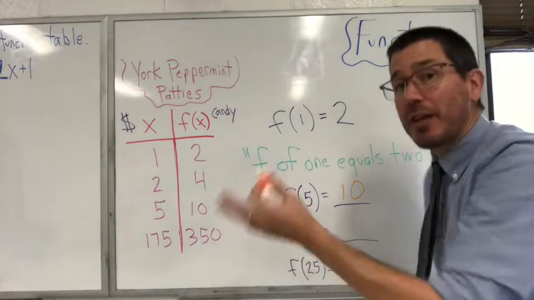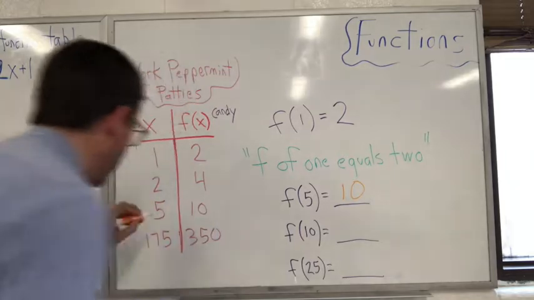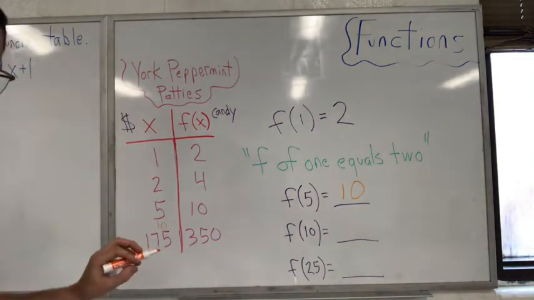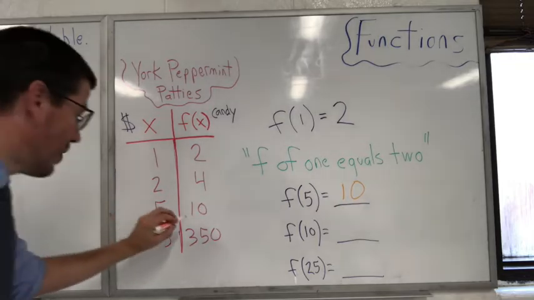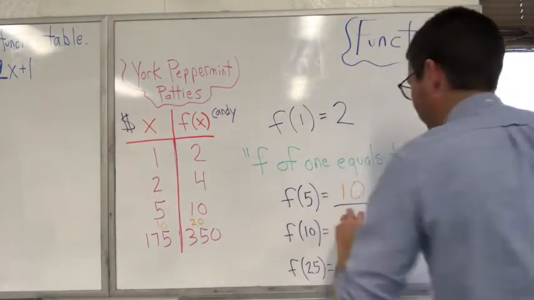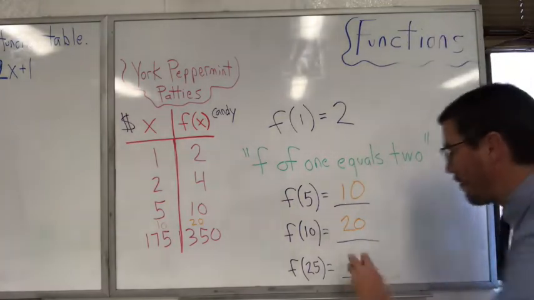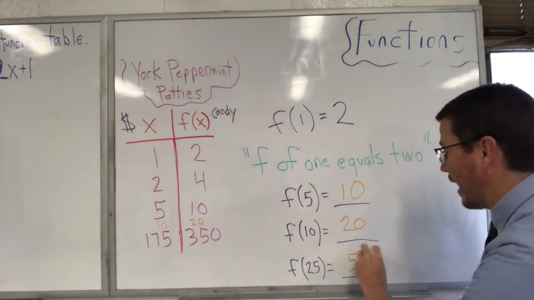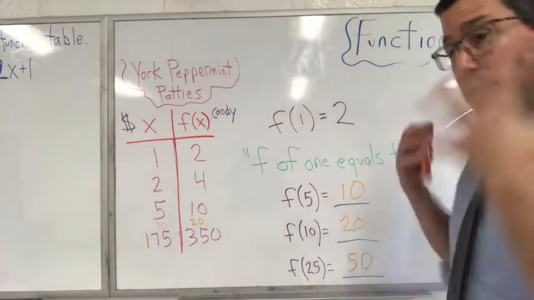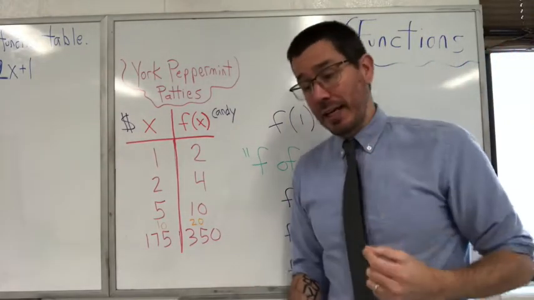If I input $10, it's not on the chart. Let's add it real quick, all right? So if I add it real quick and put a 10 right there, probably you figured out the rule already, it's 20, right? Because it's just double. So come over here and 20. And then F of 25 in the same way is 50. I'm not even gonna add that to the chart. So this is a real life example, York peppermint patties, spending money, all right?